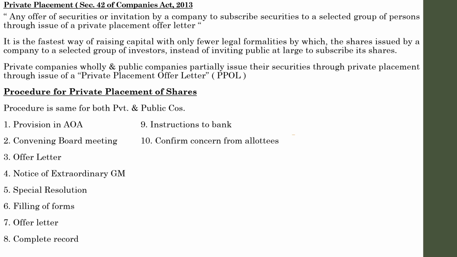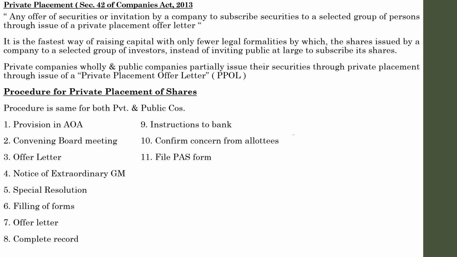The confirmation from the allottees means whoever is going to buy the shares through private placement, whether the confirmation letter has been received from those specified persons or not. If not, the necessary steps should be made to collect the confirmation letter.